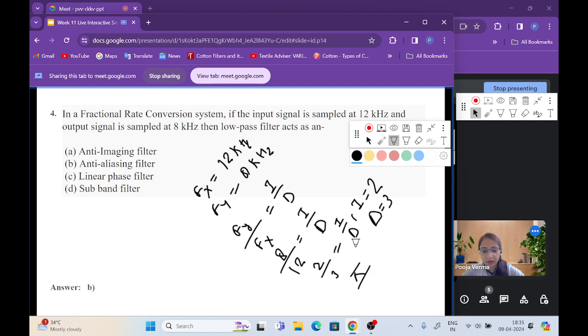In order to choose the filter, the cutoff frequency must be the minimum of pi by I or pi by D. So pi by 2 or pi by 3, which one is the minimum? That is pi by 3.